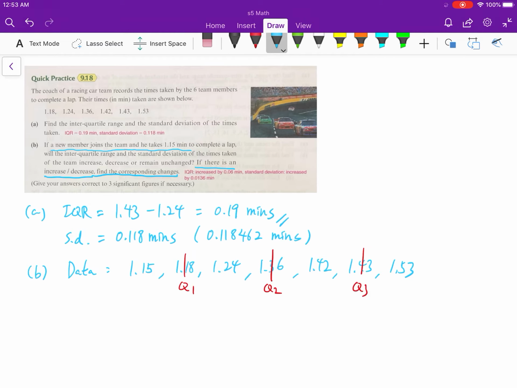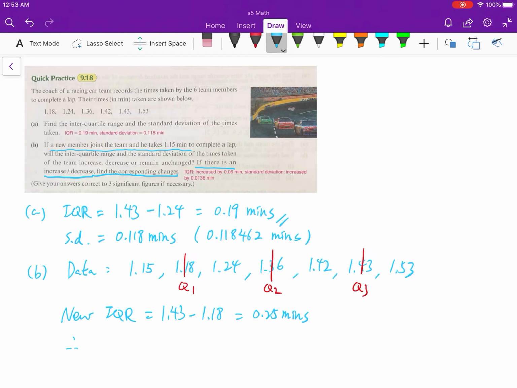The middle one is the Q2, right? And this is Q3, this is Q1. So the new IQR equals 1.43 minus this. This time we get 0.25 minutes.